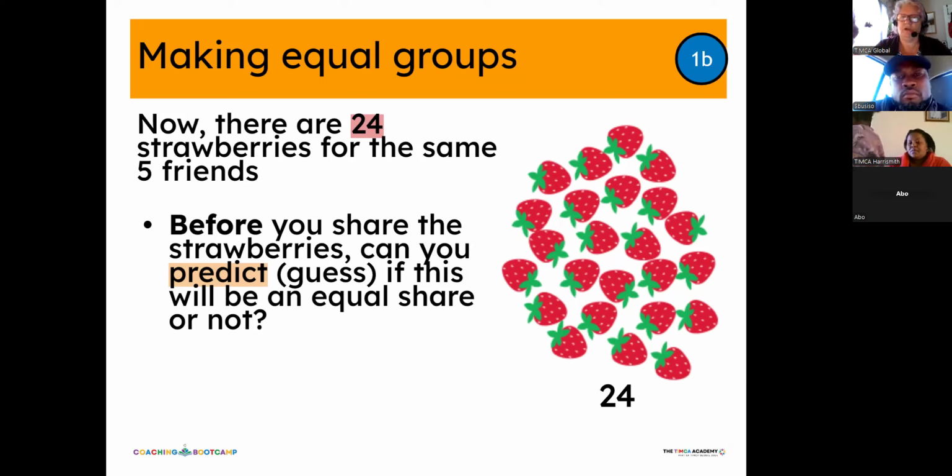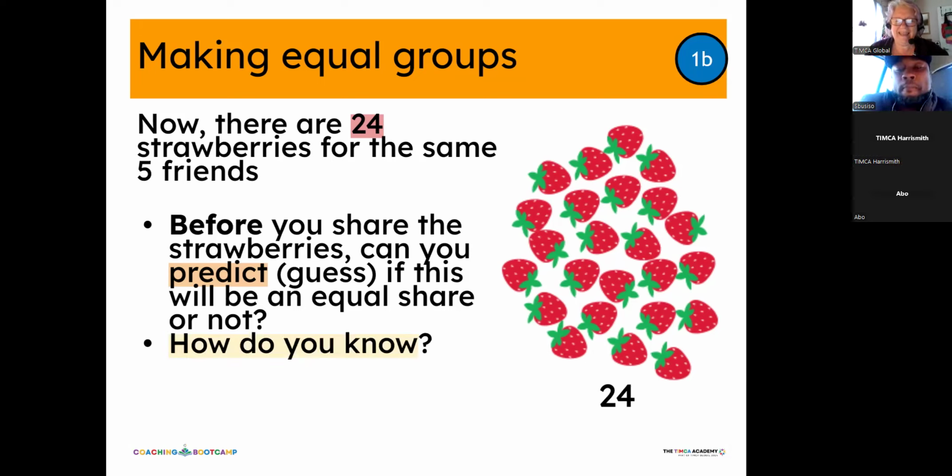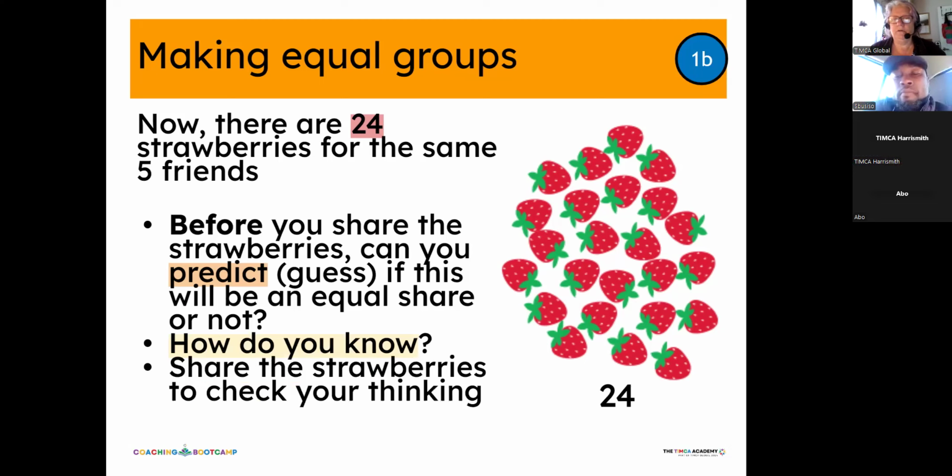Yeah. So we're hoping now that some of the children at this point will be able to say, well, it's not going to be equal because beforehand we had 23 and it wasn't enough to give an equal share. Now we've got 1 more, it's still not enough. So we're hoping that there's going to be some explanation that they can come up with. And then we can say, well, how do you know?